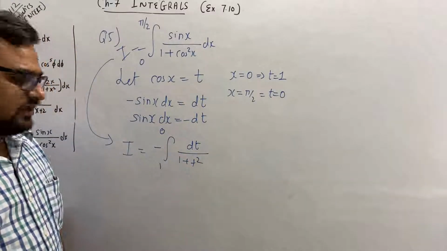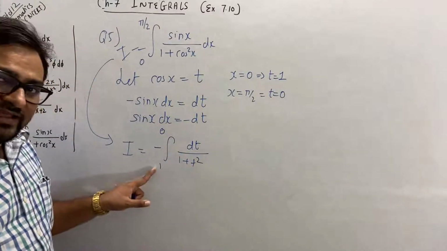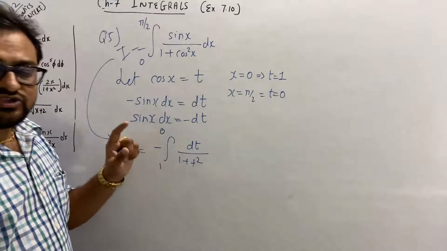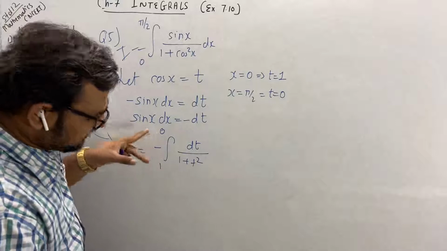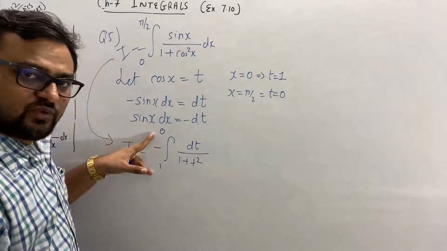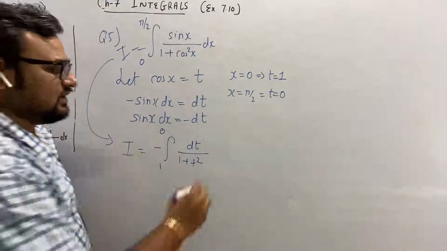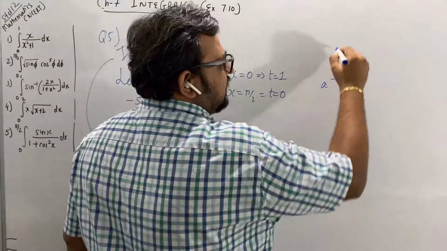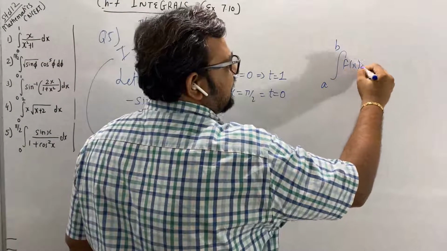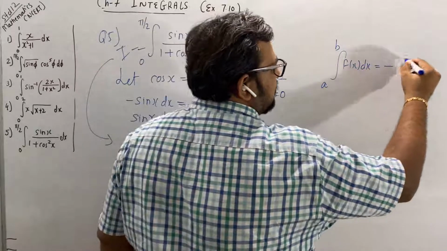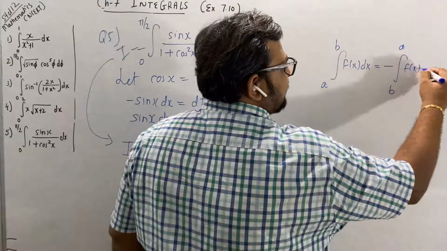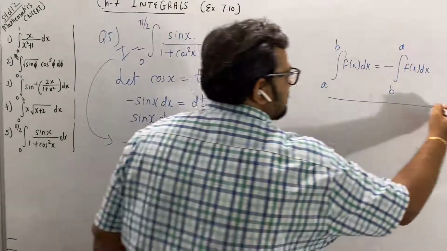Now remember, see here the lower limit is higher compared to the upper limit. So if we want to interchange the limits, we will have to put a minus sign. Remember this. Okay, say I'm writing integral a to b f(x) dx is equal to minus integral b to a f(x) dx.